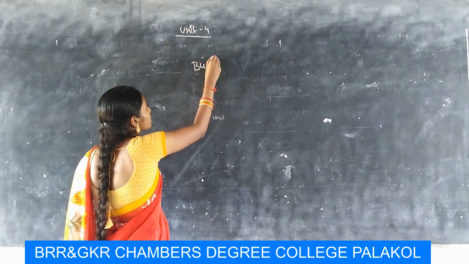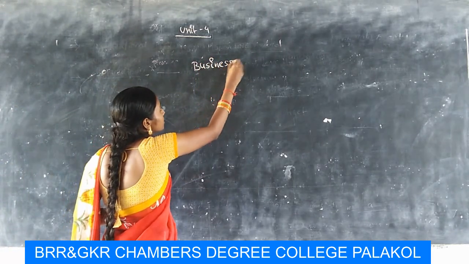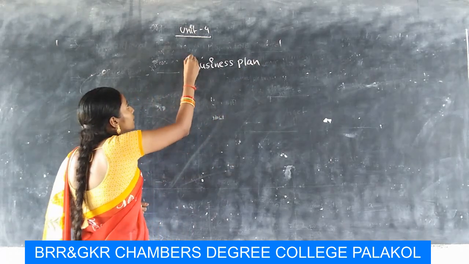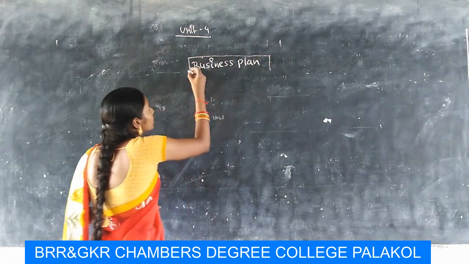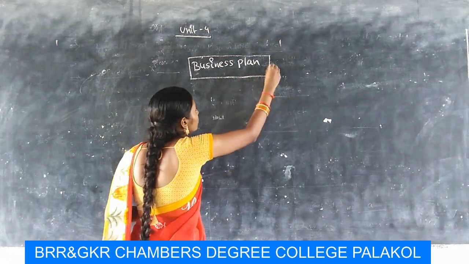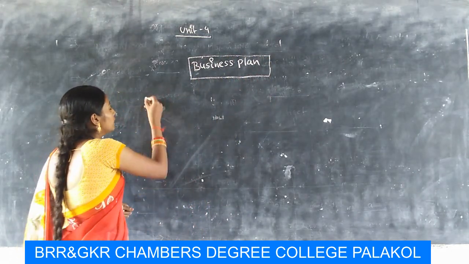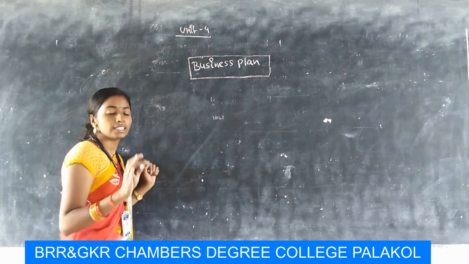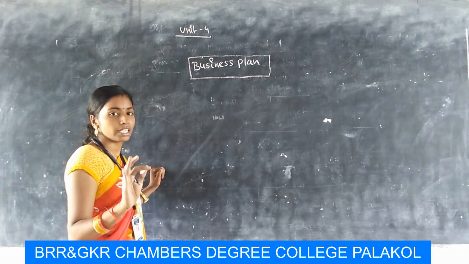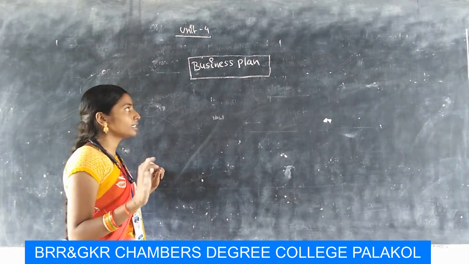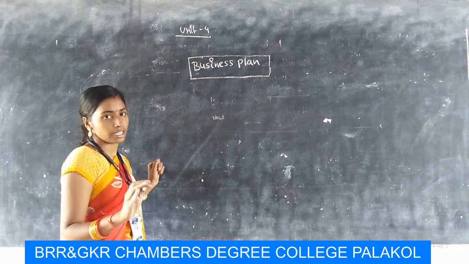Business plans. As we know, business is an economic activity which is concerned with the production and distribution of goods and services. Here in business, there are three major important functional areas in the business organization. Of course, HR is also there, but we consider three major functional areas.